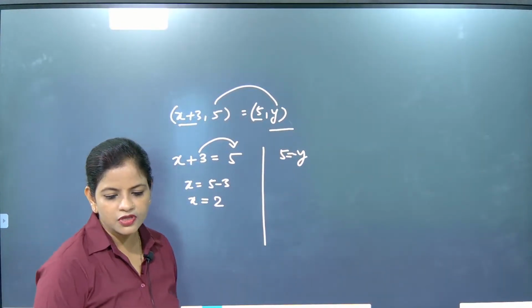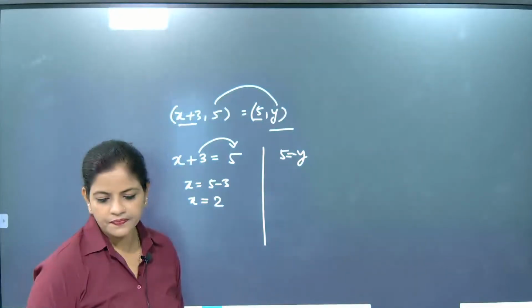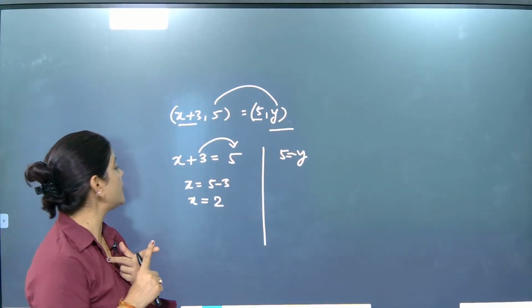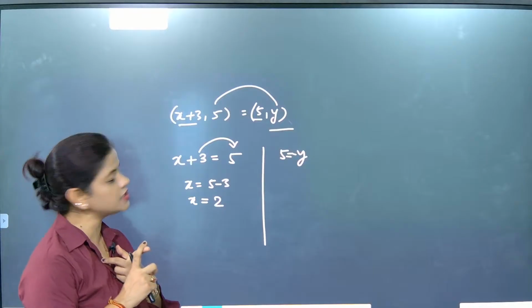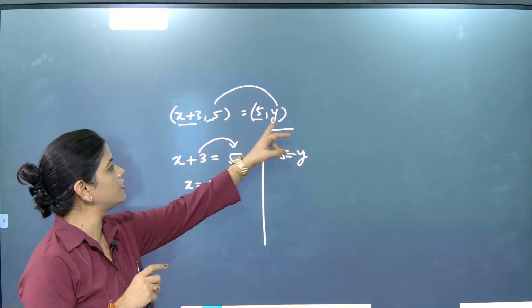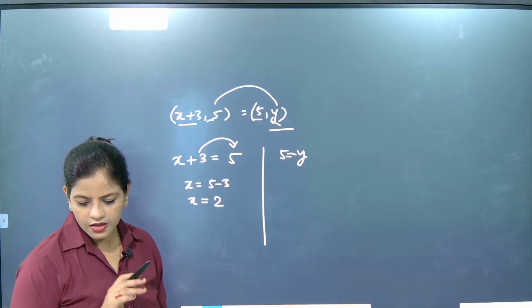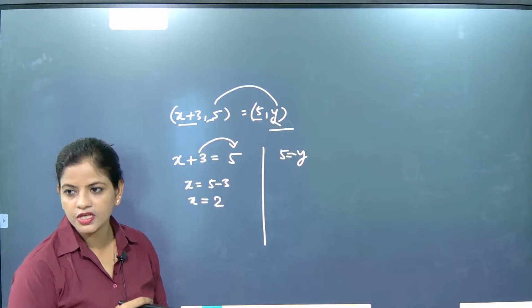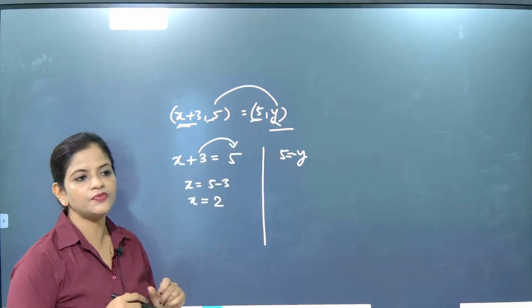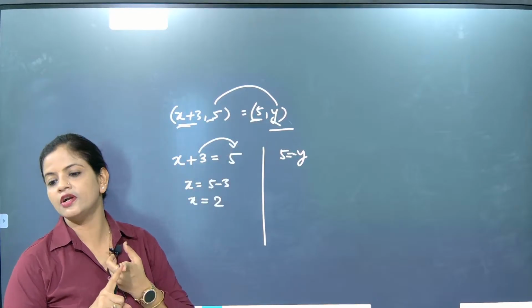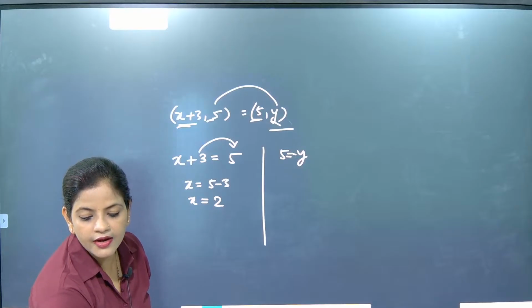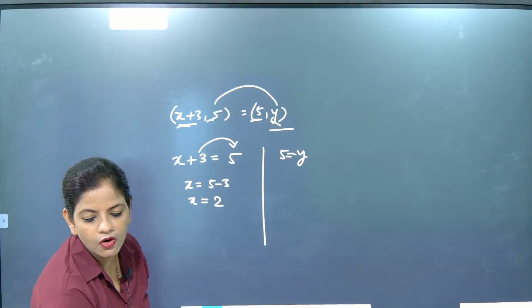So are you ready for the next question? First question done. If somebody asks you, x + 3 = 5 is the first part, and the second part is 5 = y. Done? Now shall we go for the next question? In an ordered pair, the abscissa part will be equal to abscissa, and the ordinate part will be equal to ordinate.